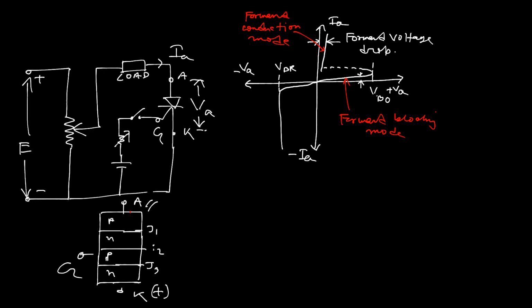So this is the reverse breakdown voltage, this is called the reverse blocking state, and these characteristics are called the reverse characteristics. This curve can be said to be the reverse blocking mode.